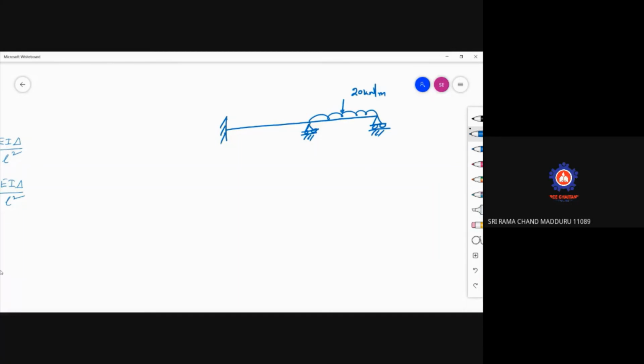Loading is acting here, and a point load is acting at the center, which is 4 meters, which is 4 meters here. Everybody has to do this problem. Try to solve this, which is a simple one, and you people have to show me. So just let me know how many of you are able to solve this problem.